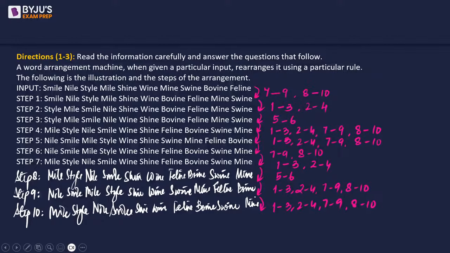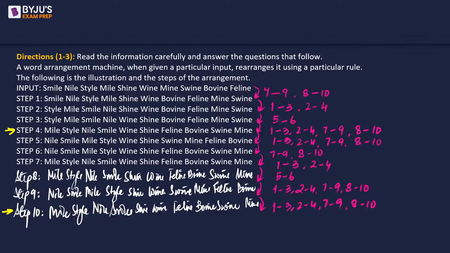Right? So if you pay a little attention here, you will realize that step 4 was mile, style, Nile, smile, wine, shine, right? Feline, bovine, swine, mine. Step 10 is almost the same. The order has changed just a bit, right?